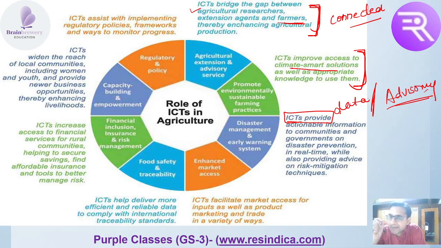If you are properly analyzing the ICT data, you will be able to understand in real time what exactly is going on, whether there is any kind of risk, whether we are in a disaster-prone zone, or whether there is a drought situation.